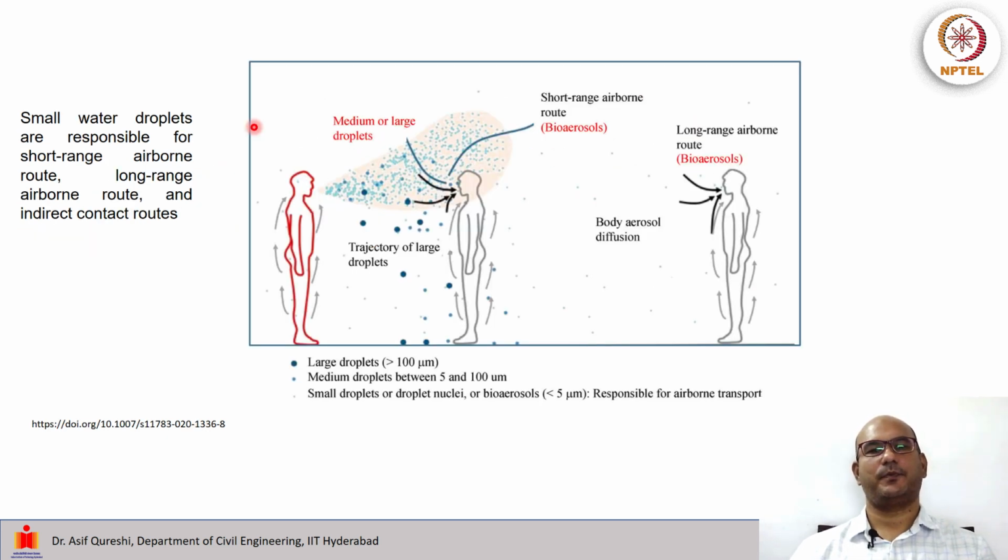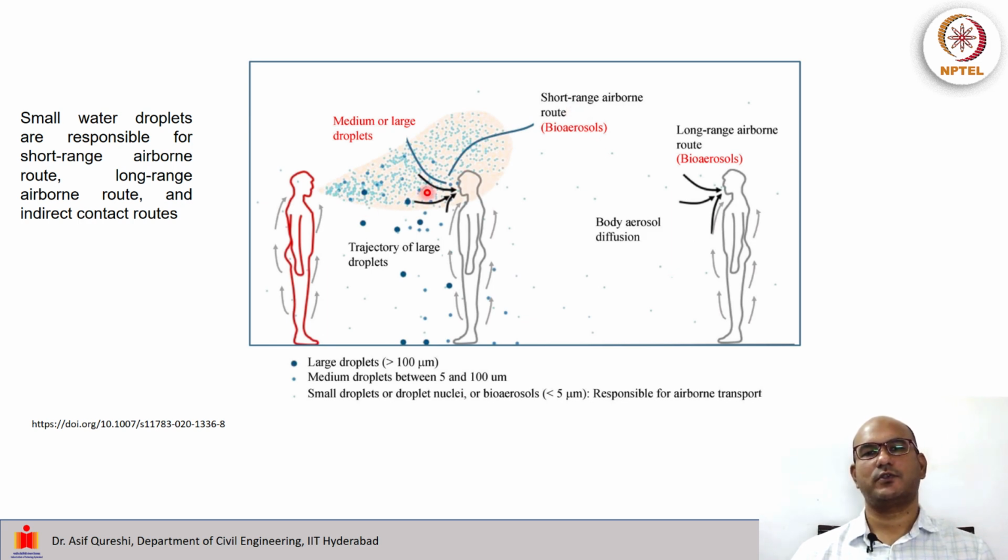These small water droplets thus are responsible for the short range, long range routes and the indirect contact routes. For example here, the larger droplets may be settling down, the medium droplets will be inhaled by someone else if the distance is not too large, and the smaller droplets will stay for a longer time.